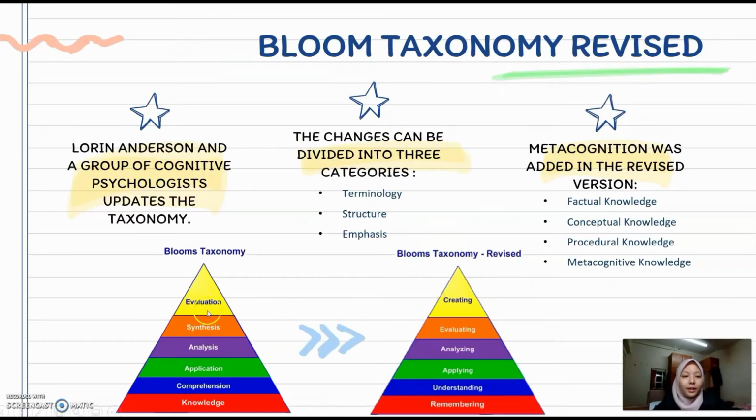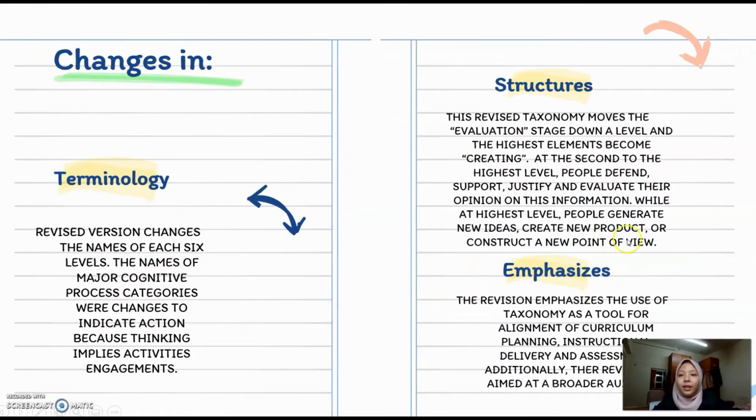If you see here, in 1956 evaluation was at the top of the pyramid, and then in 1990 Lorin Anderson and his group changed evaluation to the second level and made creating the top.